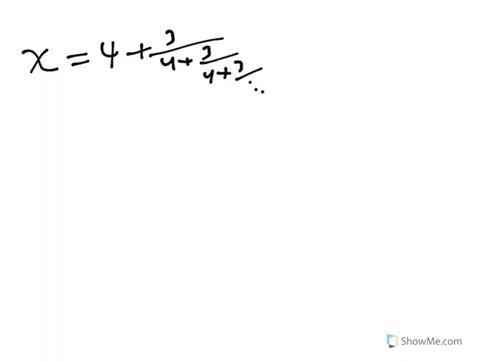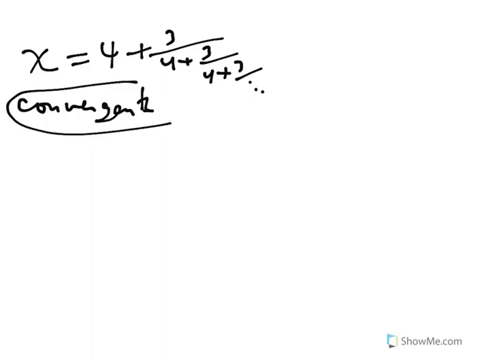Well, when you have an infinite continued fraction, 4 plus 3 over 4 plus 3 over 4 plus 3 over dot, dot, dot, we can approximate it by taking what are called the convergents.